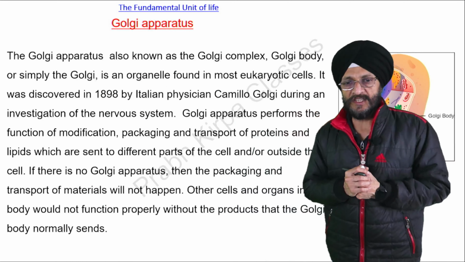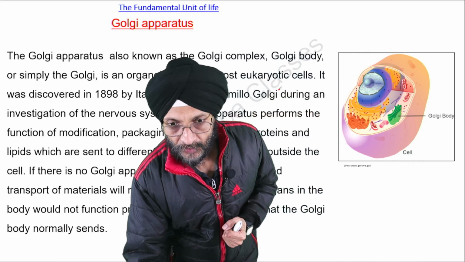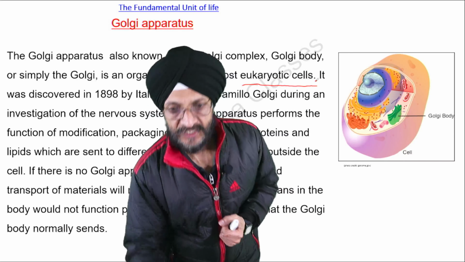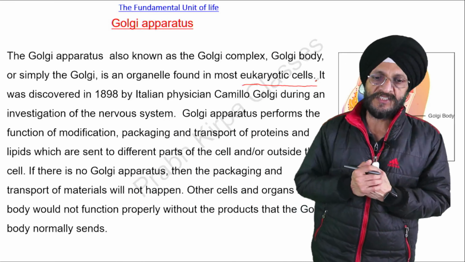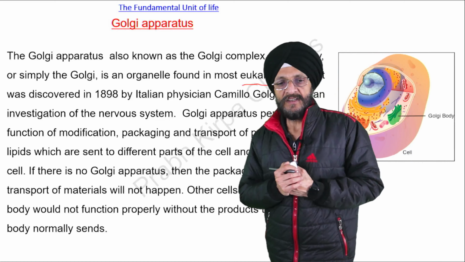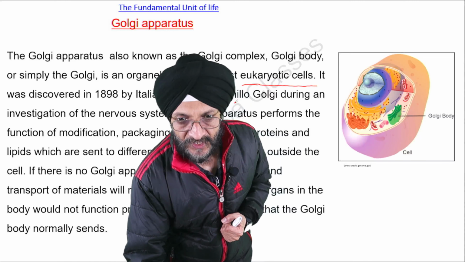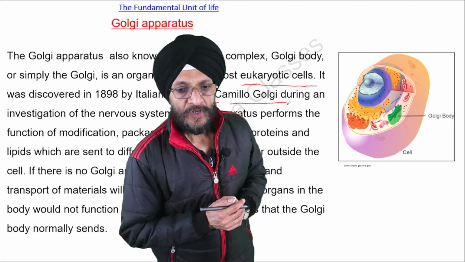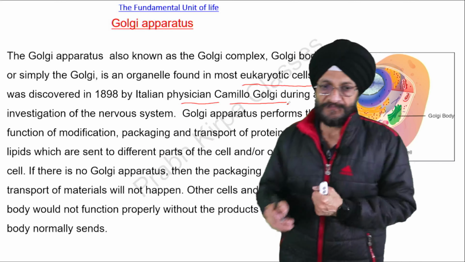It is an organelle which is found in most eukaryotic cells. Golgi body was discovered in 1898 by Italian physician Camillo Golgi during an investigation of the nervous system.